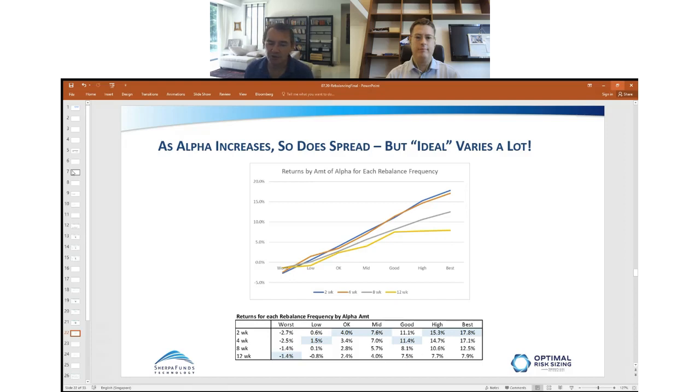If you plot the same style of graph, where on the x-axis we look at how much alpha you've got, and we look at how the various rebalancing frequency returns vary, again we see that when you have a low skill level, when your hit rate is low, it doesn't make so much difference how often you rebalance. But when your hit rate gets higher, it starts making a very big difference.